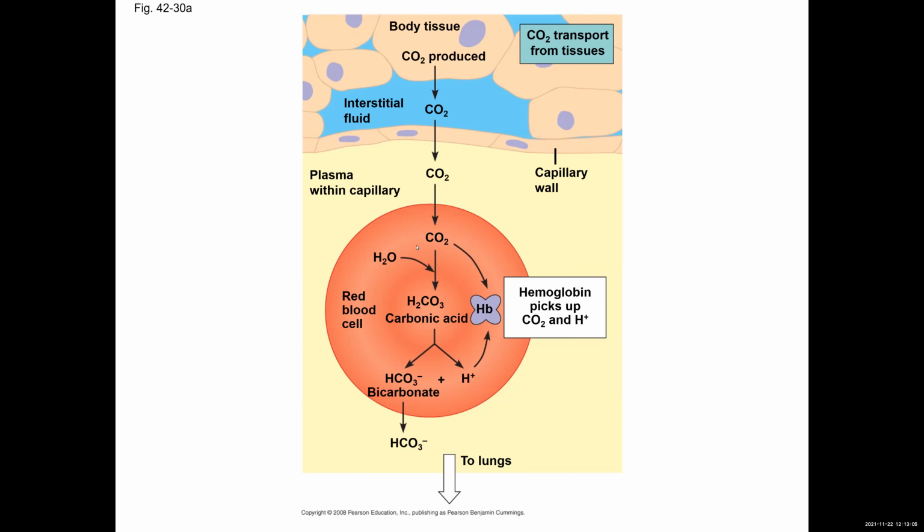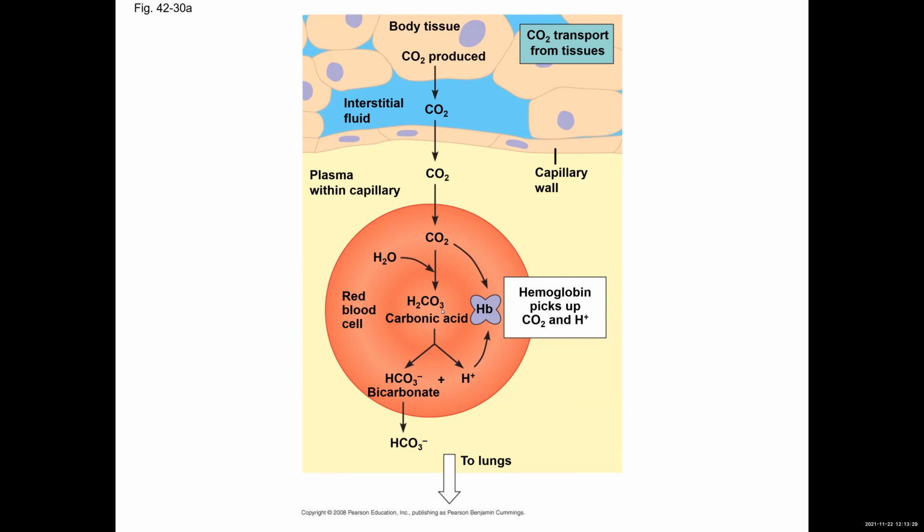The red blood cells have a whole bunch of stuff in them besides the hemoglobin, including some enzymes. There's an enzyme that's going to facilitate a chemical reaction that combines carbon dioxide and water and forms carbonic acid, H2CO3.